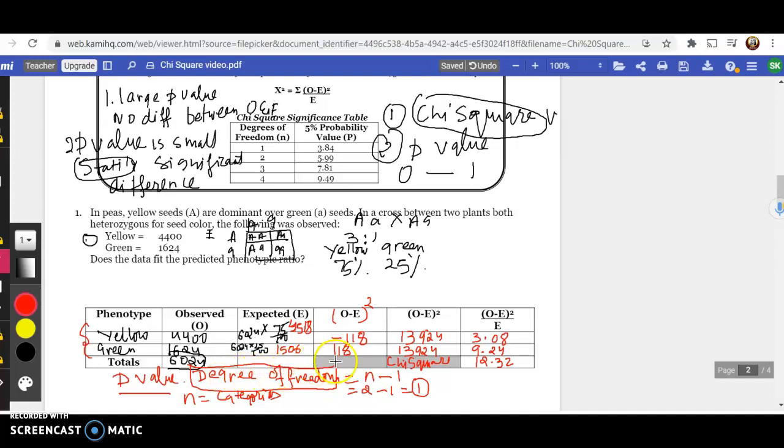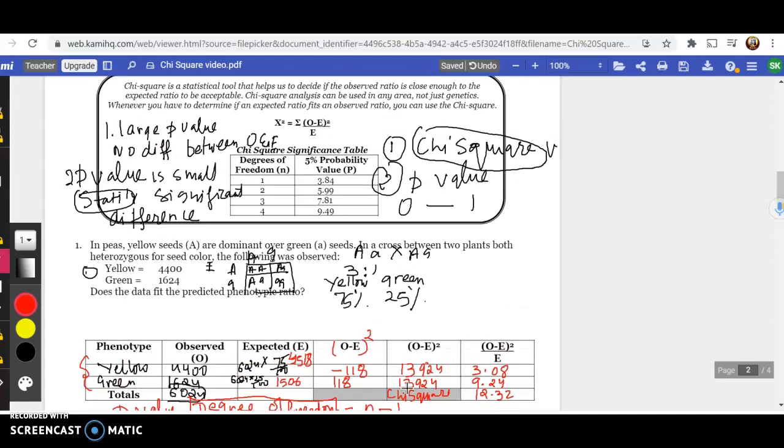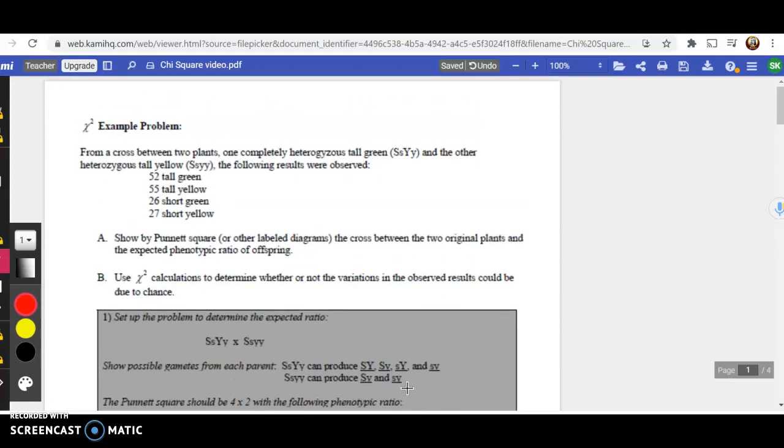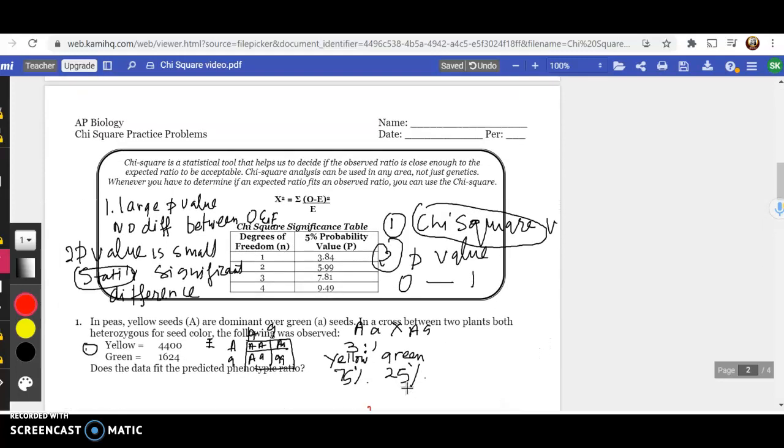Now for this we have to look for, let's see, where is the significance table. There can be so many other numbers in the columns, but you're always going to look for the significance table for 5% probability value, which is 0.05.